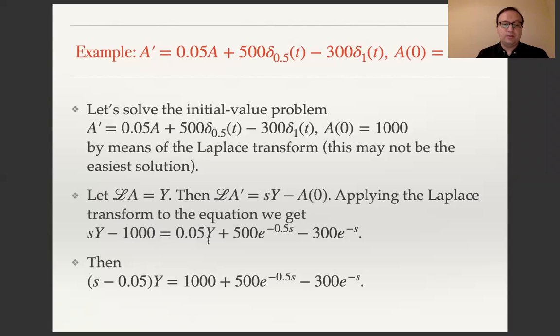Okay, so grouping all the terms with capital Y together, we get (s minus 0.05) times capital Y is equal to 1000 plus 500 e^(-0.5s) minus 300 e^(-s).